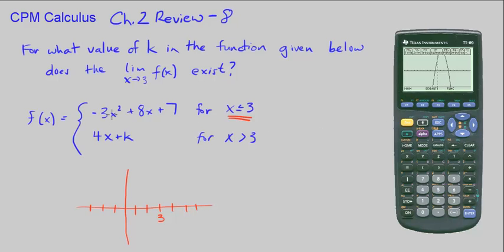You can plug in x as 3. 3 squared is 9, 9 times 3 is 27, so it's negative 27 plus 3 times 8 plus 7. Or we can just use our calculator, evaluate at x equal to 3, and we get our y output is 4.